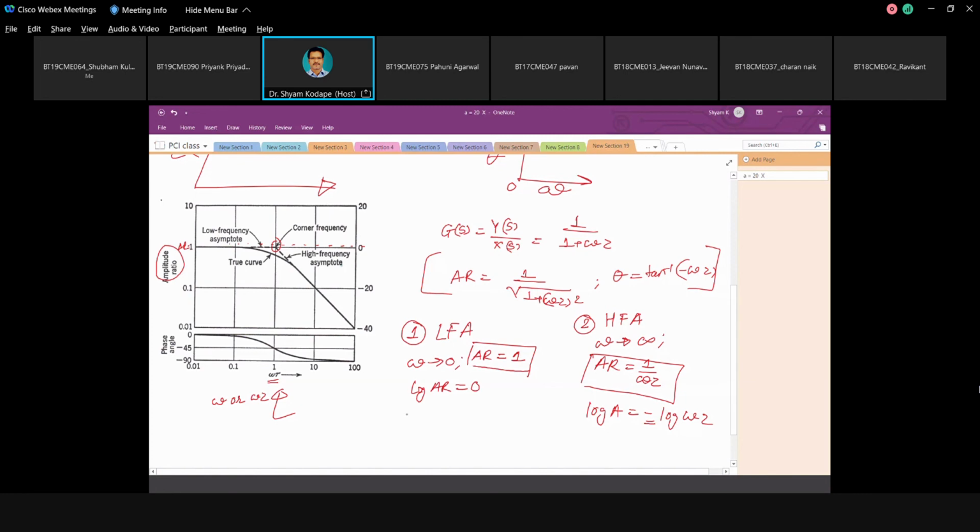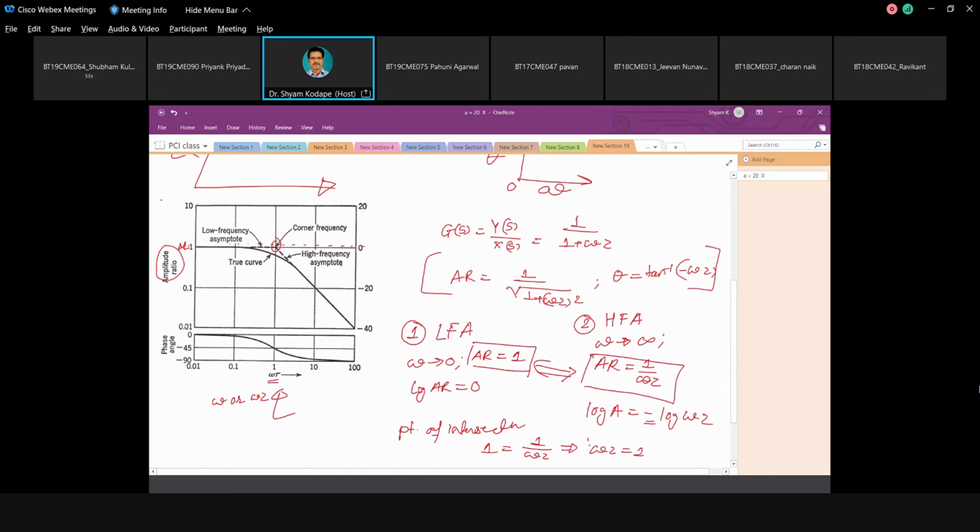The point of intersection is found when we equate these values. So 1 is equal to 1 upon omega tau. See here, the point of intersection is when omega tau is equal to 1.